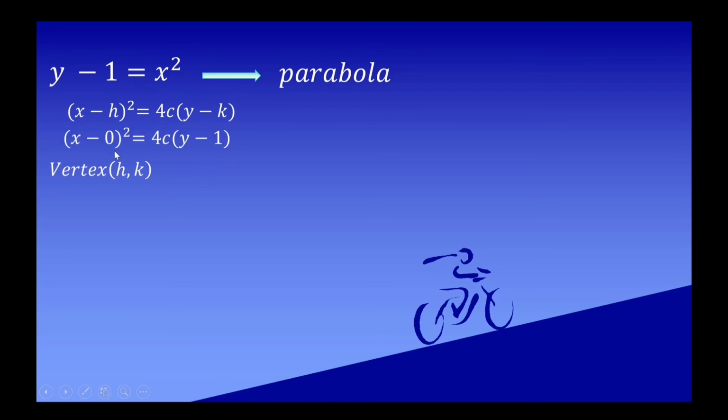Since for x squared our h is 0 and our k is 1, because the y part is y minus 1, therefore our vertex is 0 and 1. Since our x variable is raised to 2, the parabola is vertical and it opens upward.